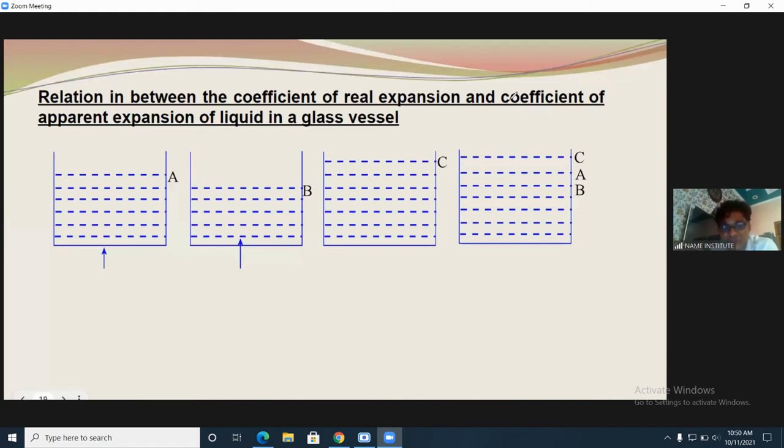So, the relation between the coefficient of real expansion and the coefficient of apparent expansion of a liquid in a glass vessel. What is our main topic?